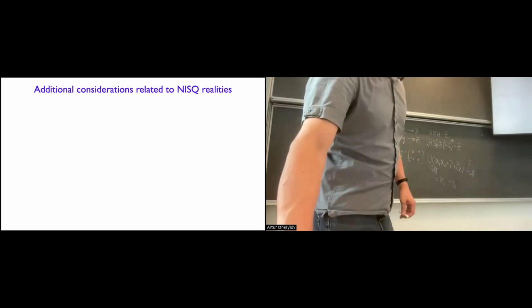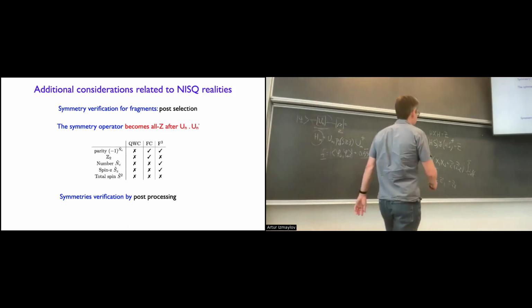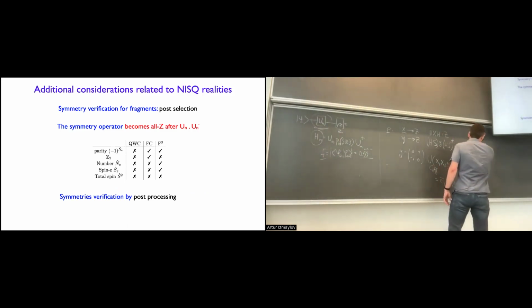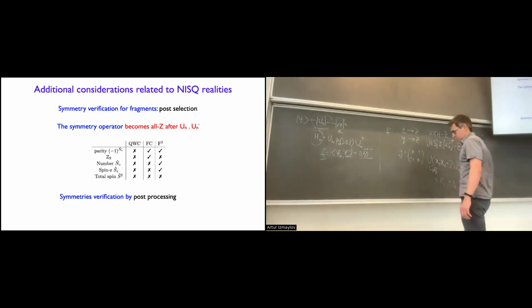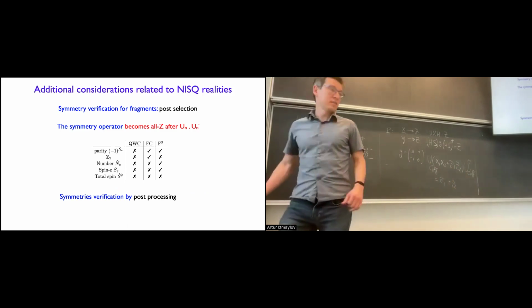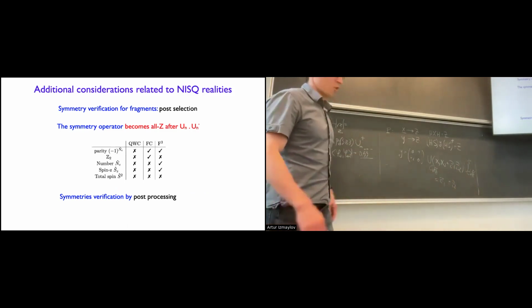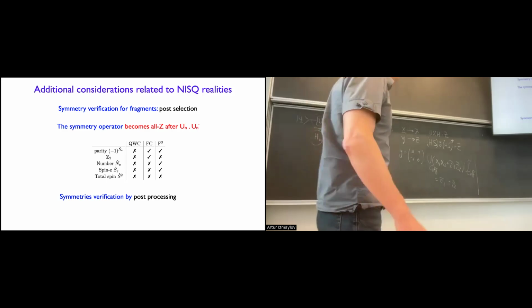All right. So now, what can we do? Essentially, there is something that we can do that is based on the fragments that we create, and there is something that we can do just in general, no matter what fragments we are considering.